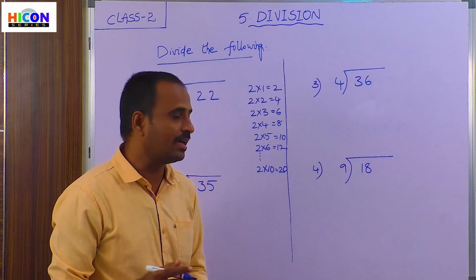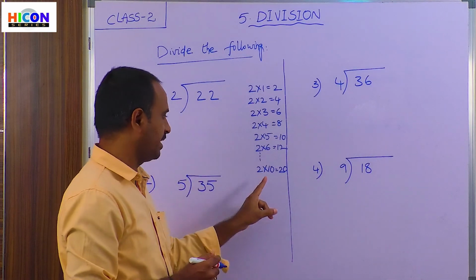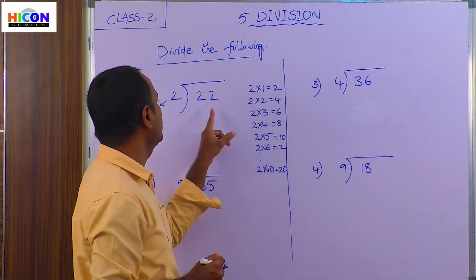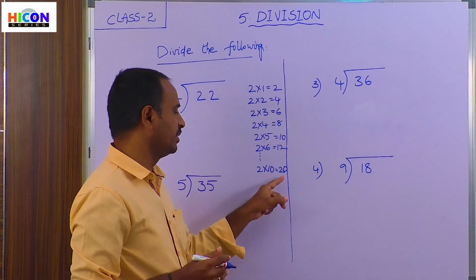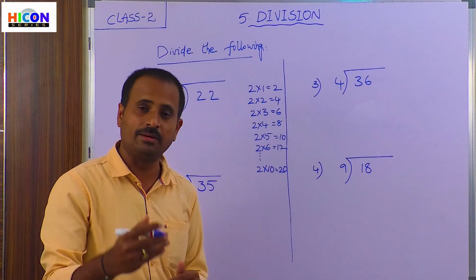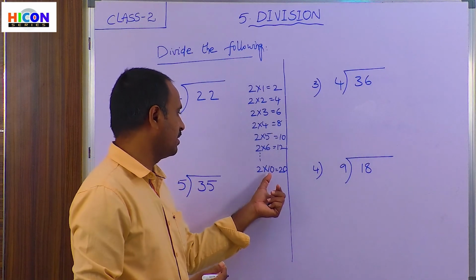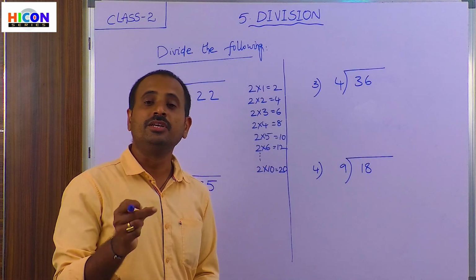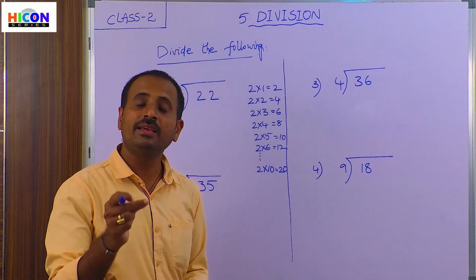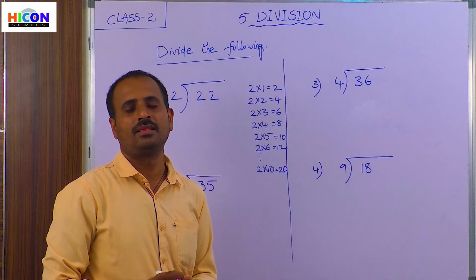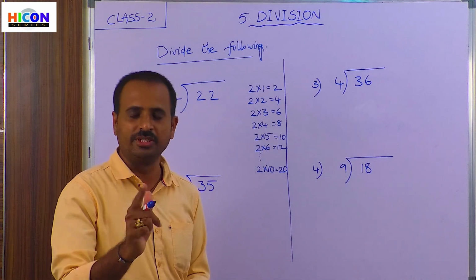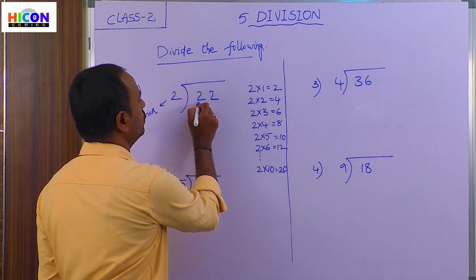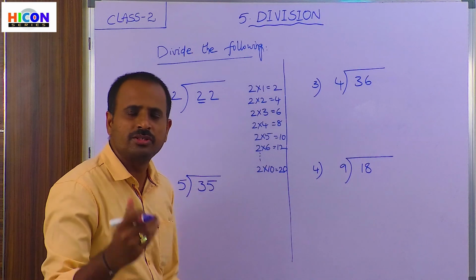So whenever the number is more than 10 times, here 10 times 2 is 20, but they have given a larger number than 20, then we have to take it digit-wise. We have to take each digit in the number. That is, first take the first digit. What is the first digit here? 2.